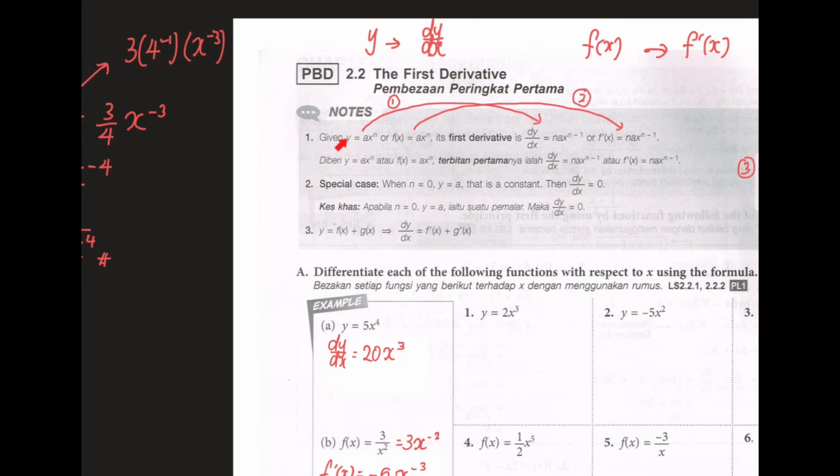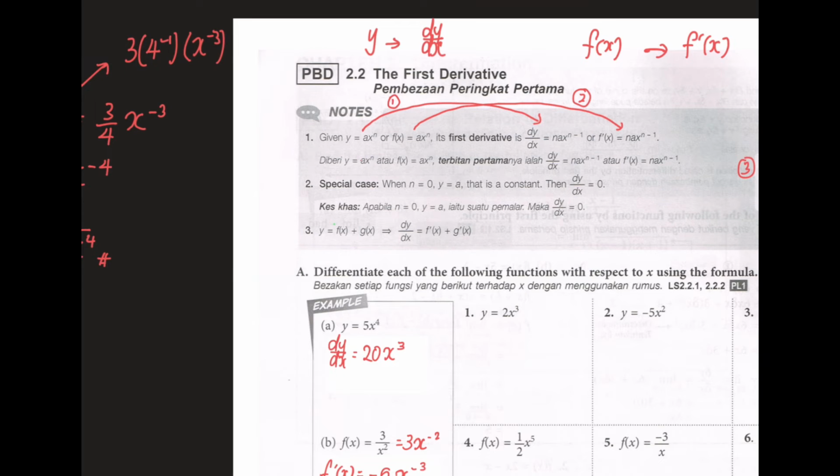So if you have y equal to ax to the power of 0, basically the equation is y equal to a. X power 0 is 1, so that's why the x is not there. Only a. So the equation is y equal to a, which means it is a constant. Then dy/dx is equal to 0.